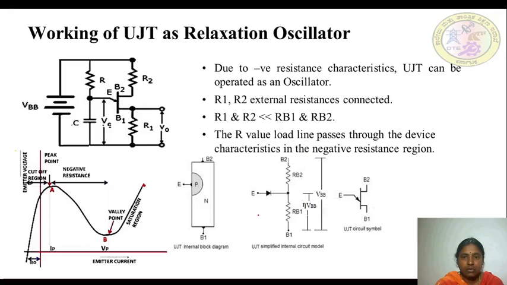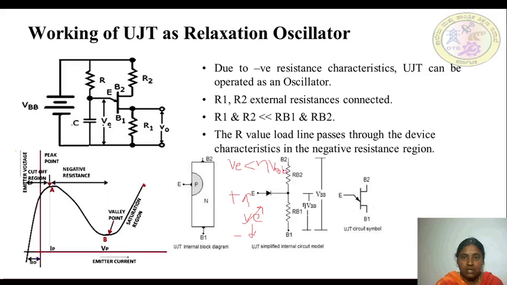Now, if we apply an emitter voltage between E and B1 such that this is positive and this is negative, slowly increase this emitter voltage from 0 until VE is less than eta into VBB.